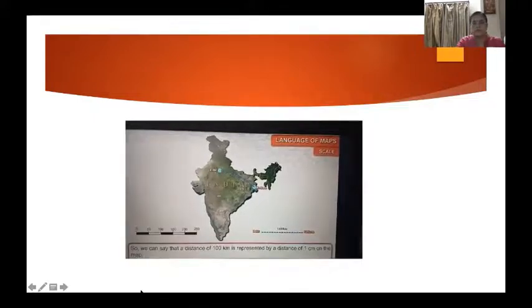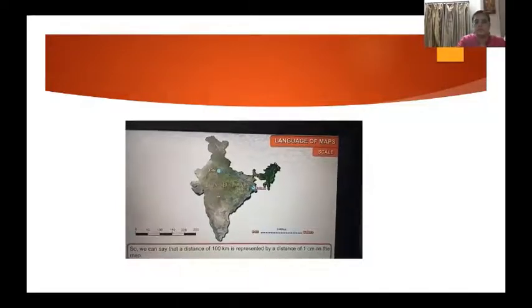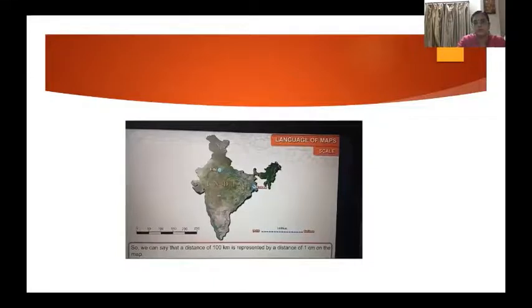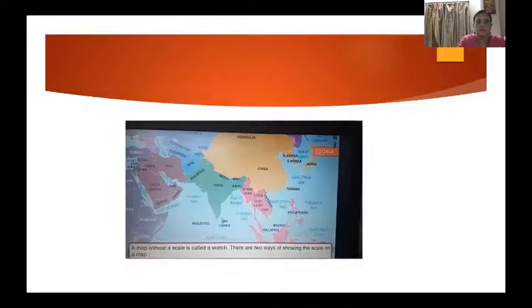So we can say that a distance of 100 kilometers is represented by a distance of 1 centimeter on the map. This is called the scale of the map. Scale can be defined as the ratio between the distance on the map and the distance on the ground. A map without a scale is called a sketch.